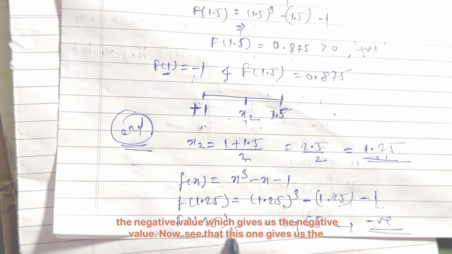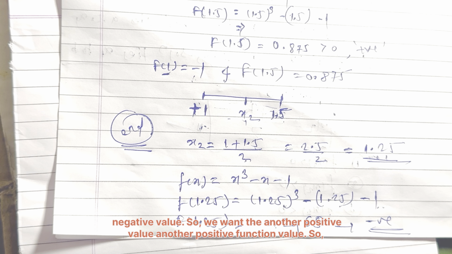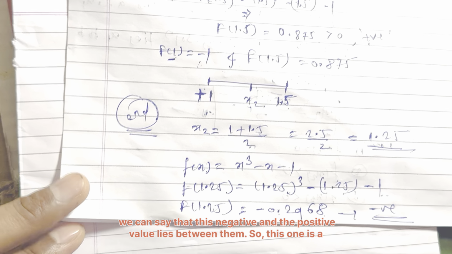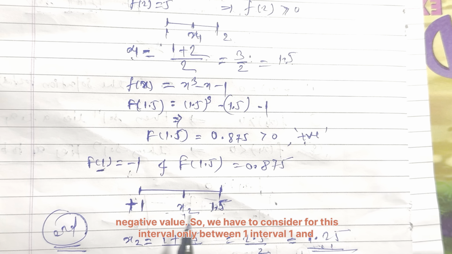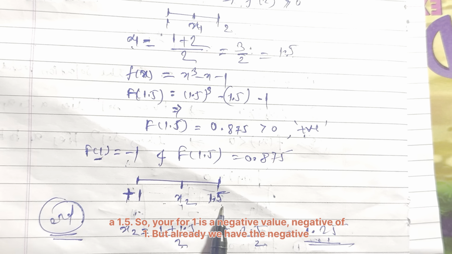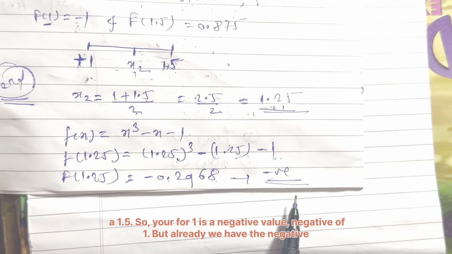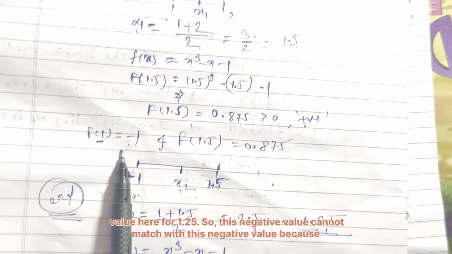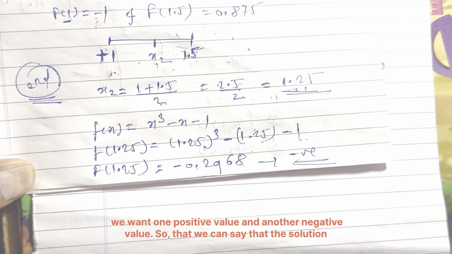Now this one gives us a negative value, so we want another positive function value. So we can say that the root lies between the negative and the positive value. This is a negative value, so we have to consider this interval only, between 1 and 1.5. f of 1 is negative, but we already have the negative value f of 1.25, so this negative value cannot match with that negative value, because we want one positive and one negative value.